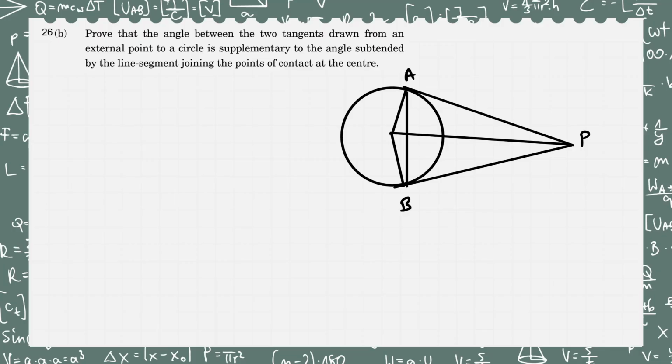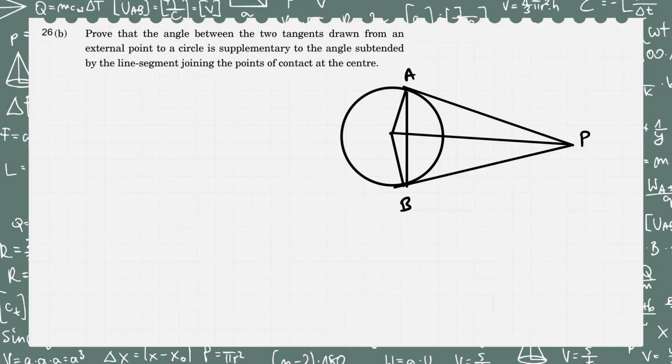The next option of this sum: prove that the angle between the two tangents drawn from an external point to a circle is supplementary to the angle subtended by the line segment joining the points of contact at the center. Let us try to understand what they are saying.